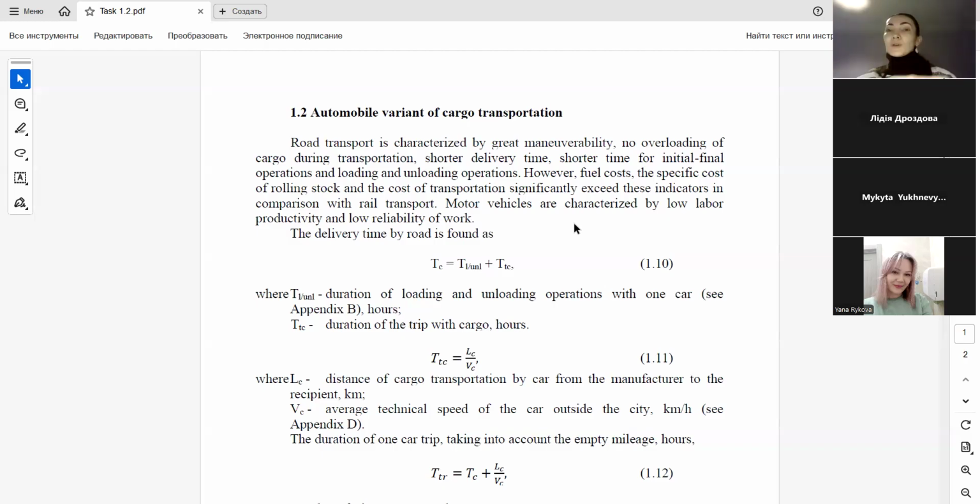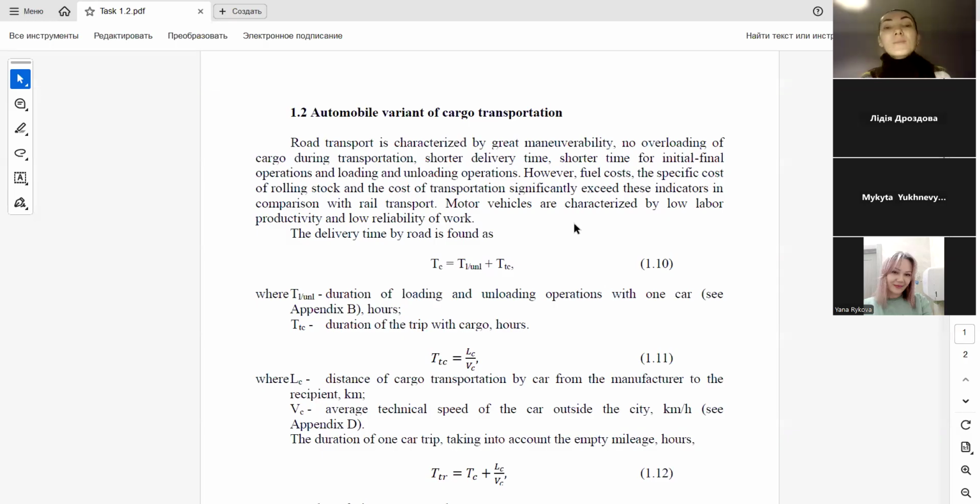By car transport, it is more simple. Motor vehicles are characterized by low labor productivity and low reliability of work. So we can calculate the parameters for this type of transport and find what we can do with it.